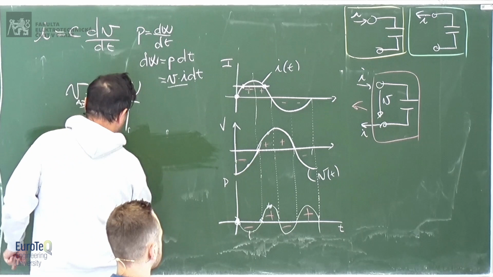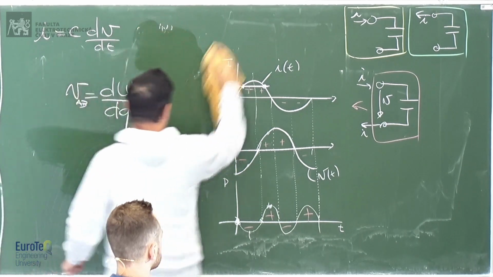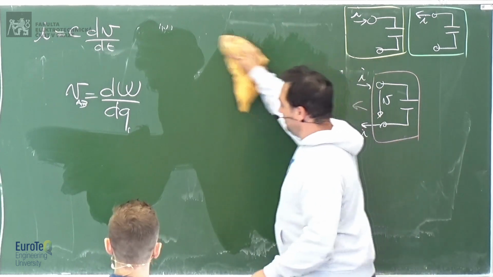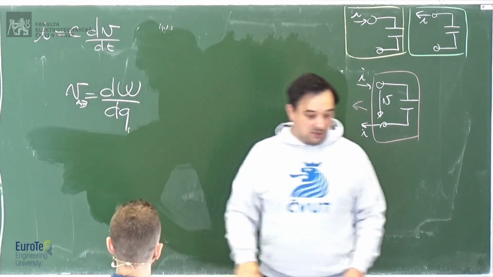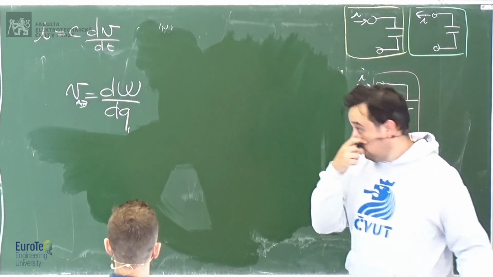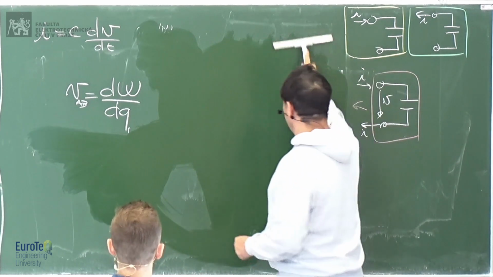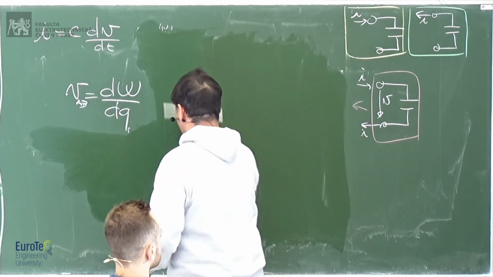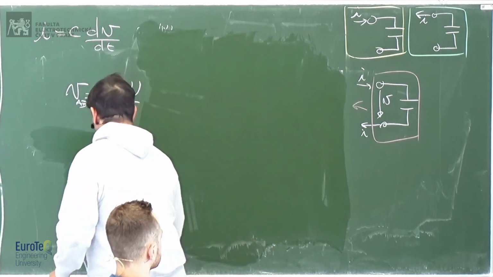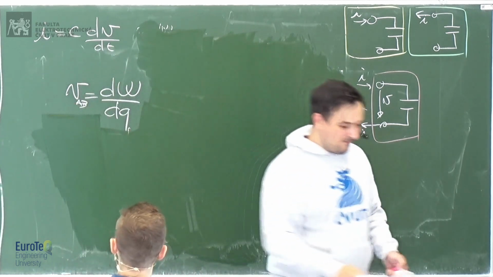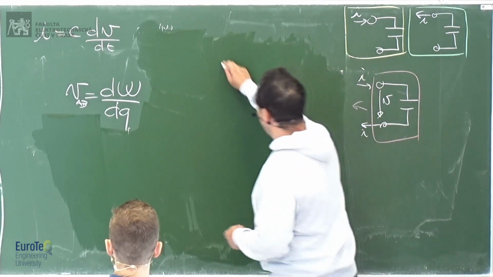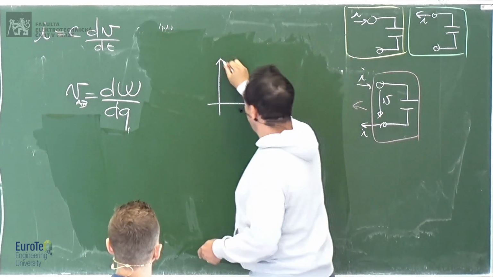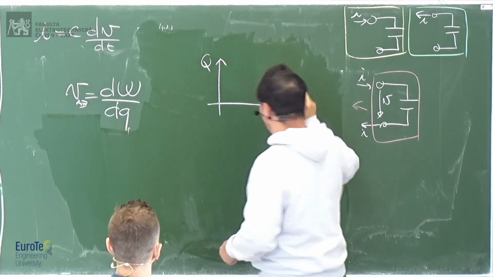I like this equation very much. So we know that the voltage is the elementary work to move the charge between these 2 points. Let's watch again this characteristic that we have here, Q versus V, you remember.